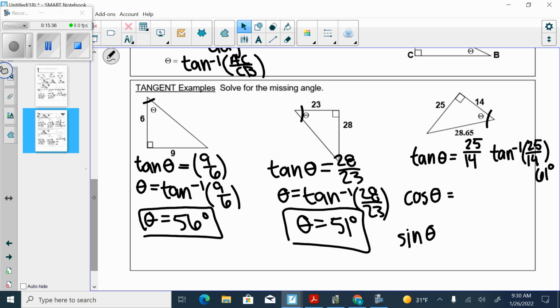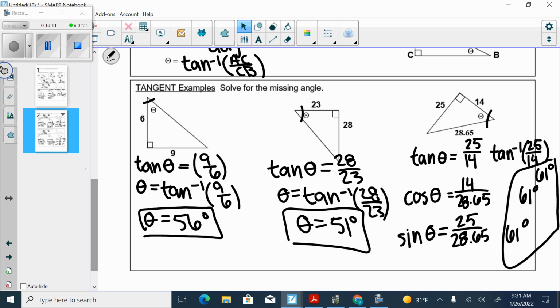For cosine, what would my ratio be? 14 over 8. Good. And what would my ratio for sine be? Okay, and if we found the inverse of both of these, we would still get 61. Very good.